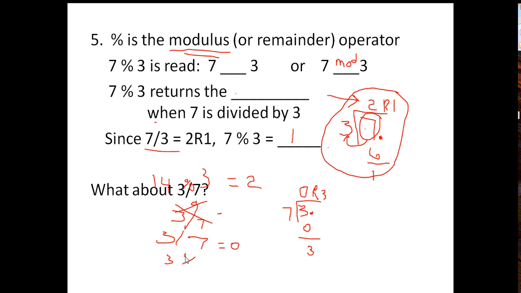What is 3 modulus 7? Well, that equals the remainder of 3 divided by 7, and that would be 3. Now some of you are going to see that whenever you do this, if this number is smaller than this one, this will always be the result because it's going to have 0 and then it's going to subtract it and always end up with this number inside. Some people will catch that.